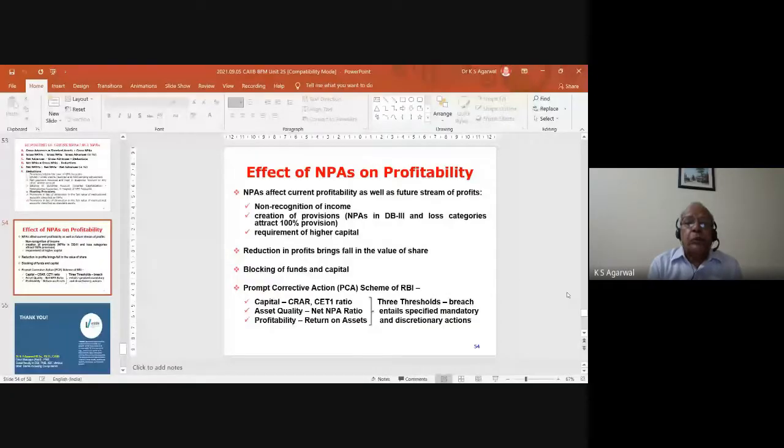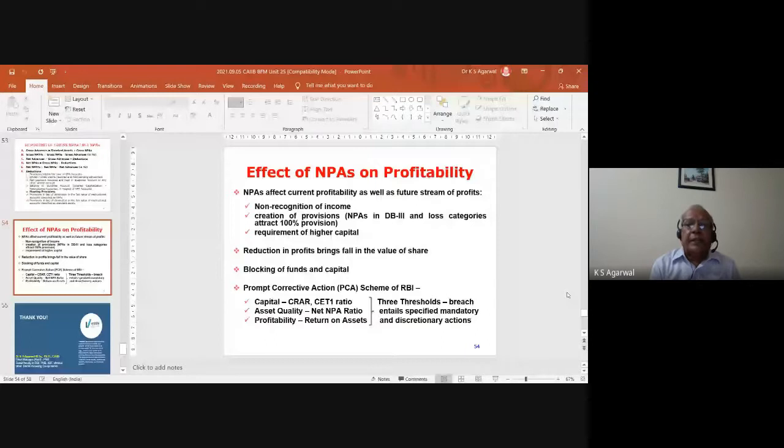Thereafter, we have to make provision. Not only is my future income stopped, but from existing income, from other advances, I have to set aside some amount as provision for the NPA account. Moreover, doubtful 3 and loss categories attract 100% provision.